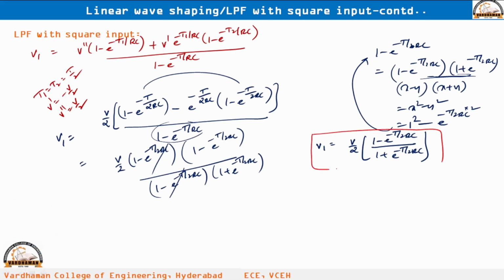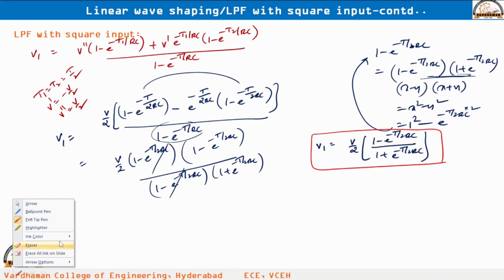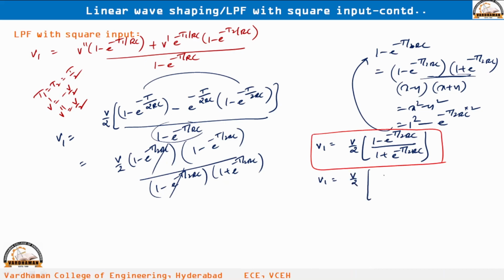Try to remember this equation, and we are going to modify that one also. V1 is equal to V by 2 into, here you can take e power minus t by 4 RC common, because 1 is there, you will get e power plus t by 4 RC. If you multiply these two, you will get 1 minus e power minus t by 2 RC, and in the denominator also you take e power minus t by 4 RC.